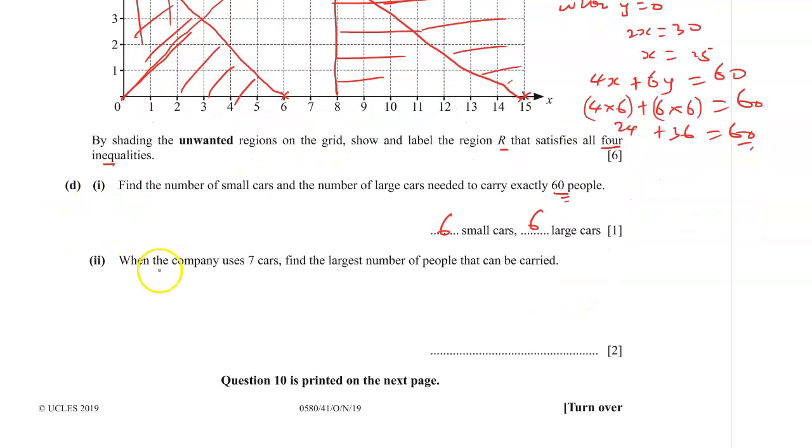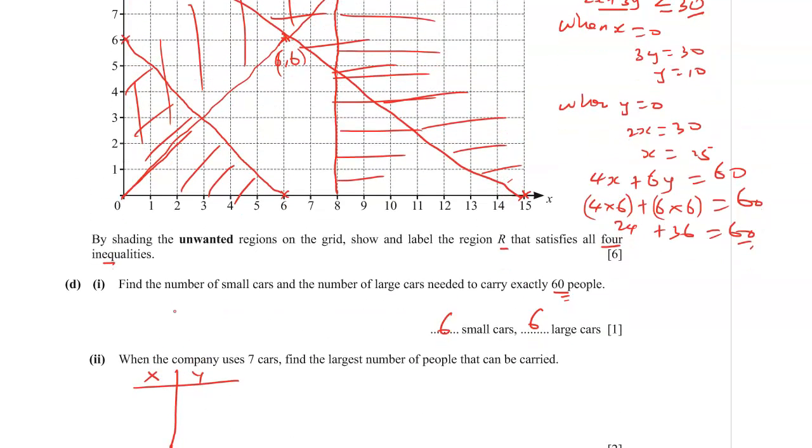When the company uses 7 cars, find the largest number of people that can be carried. So let's go for 7 cars. So 7 cars can be when y is 1, x can be 6, so 6, 1.